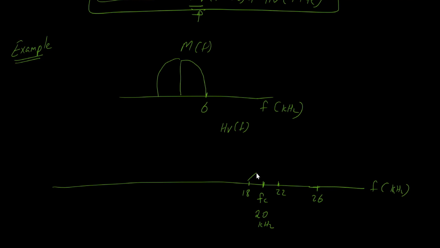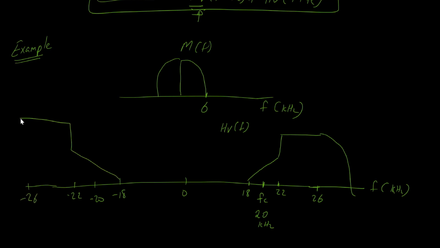The filter has this kind of characteristic. So this is basically 1 and this is 0.5, right?